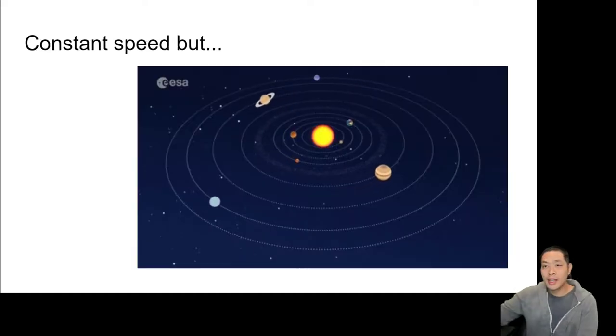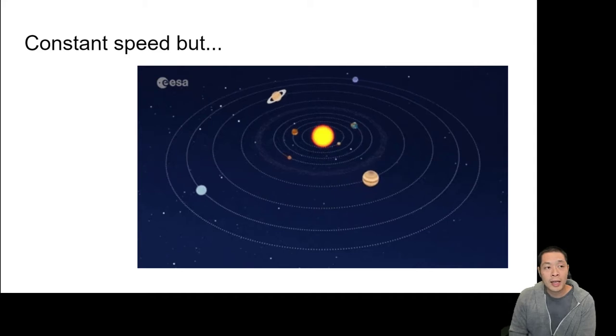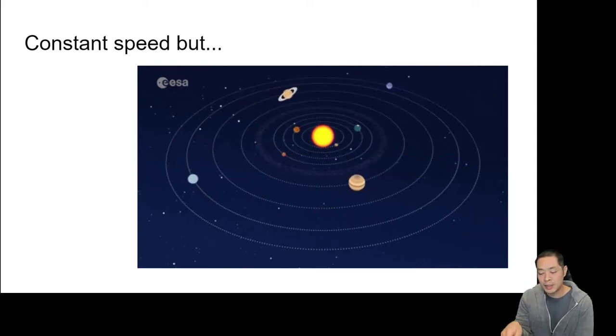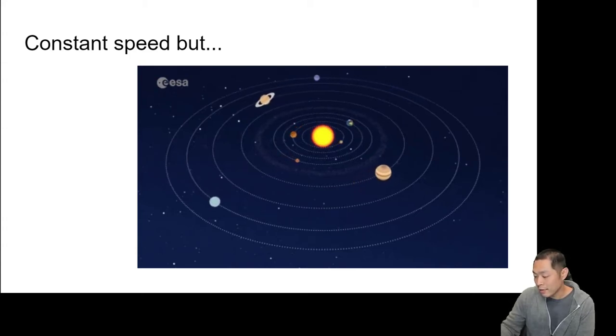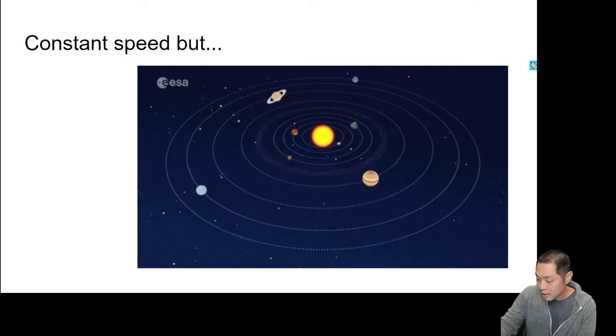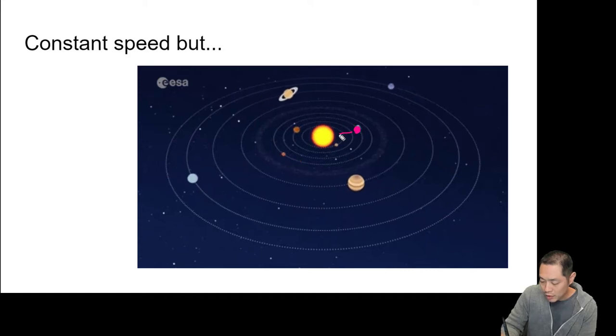Okay, here's an example. You have planets revolving around the sun. If it wasn't for the sun, these planets would move in a straight line. What happens is it's going to experience gravity around the sun, and that gravity is going to pull it towards the center. What's neat about it is that at, let's say, this point of the Earth right here, the gravity is going to be this way.